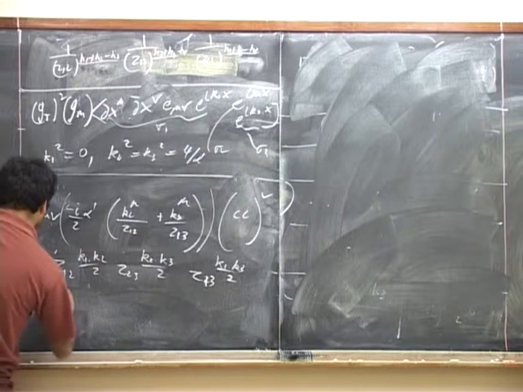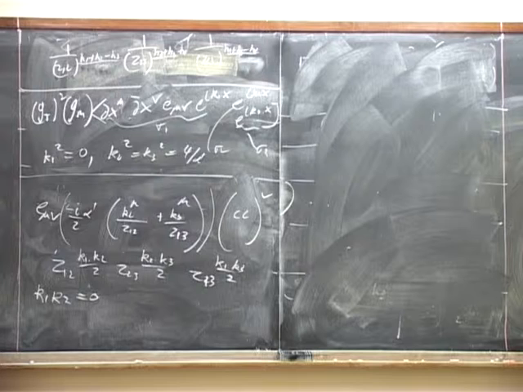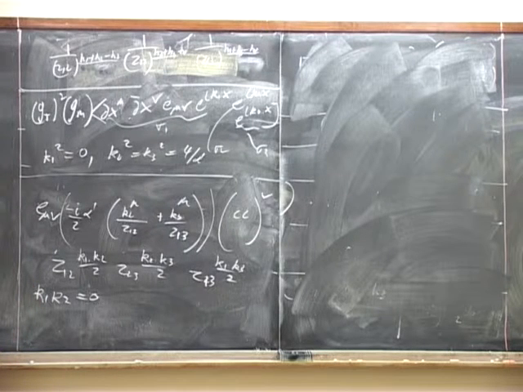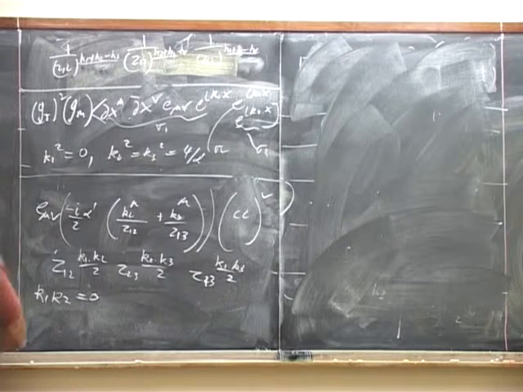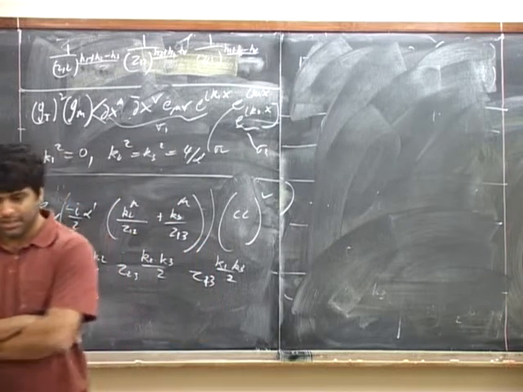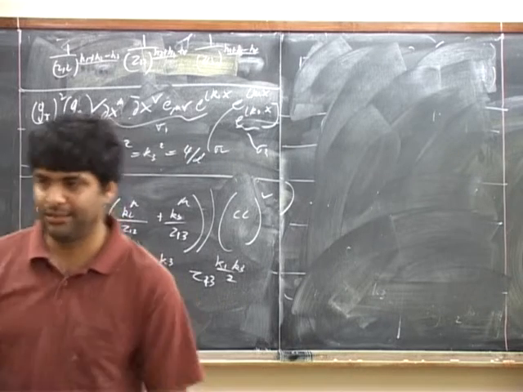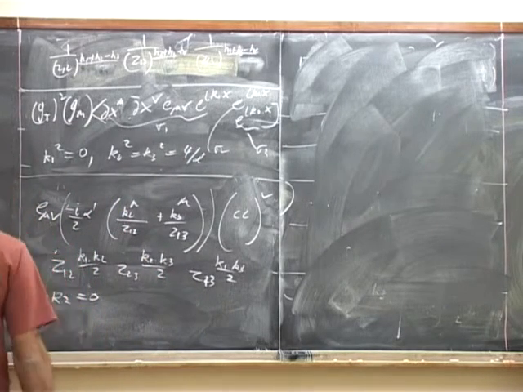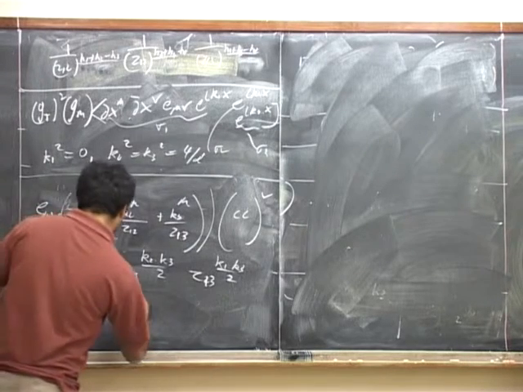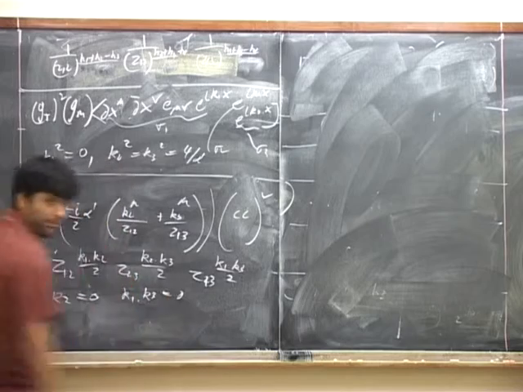So I claim k1 dot k2 in this case is 0, because it's k3 squared minus k2 squared, each of which is equal. This is just kinematics, for any field which has k1 squared equals 0. Similarly, k1 dot k3 is equal to 0.